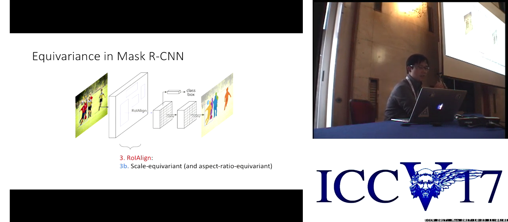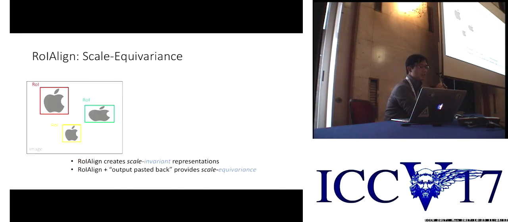Also, the ROI align operation introduces some scale equivariance, which may also imply aspect ratio equivariance. Now, in the case of instance segmentation, let us think about objects of different sizes and different aspect ratios. In order to have a good representation, what we want to do is to normalize the representation with respect to the ROI box.